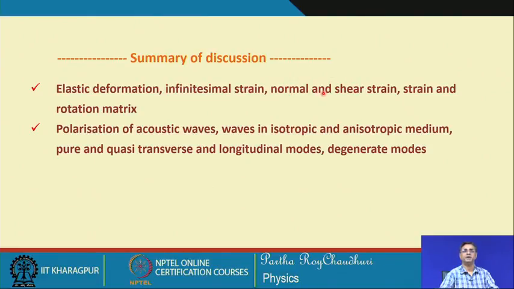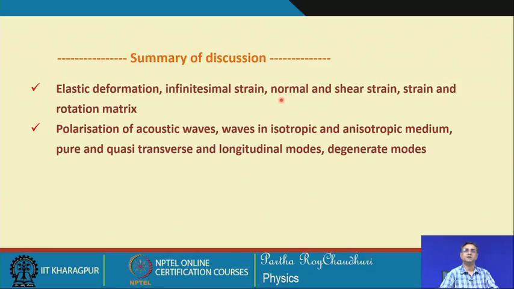If we estimate the displacement as the change of length along the same direction, then it is a normal strain, and if it is estimated along the perpendicular direction, that is, you apply a force along one direction and there is a change in a perpendicular direction, that is your shear strain.